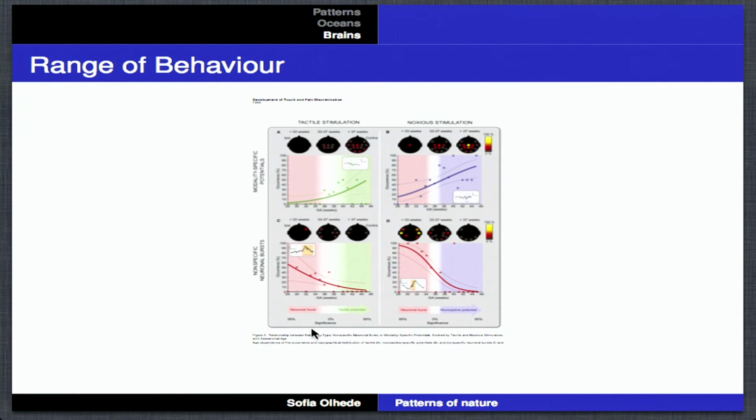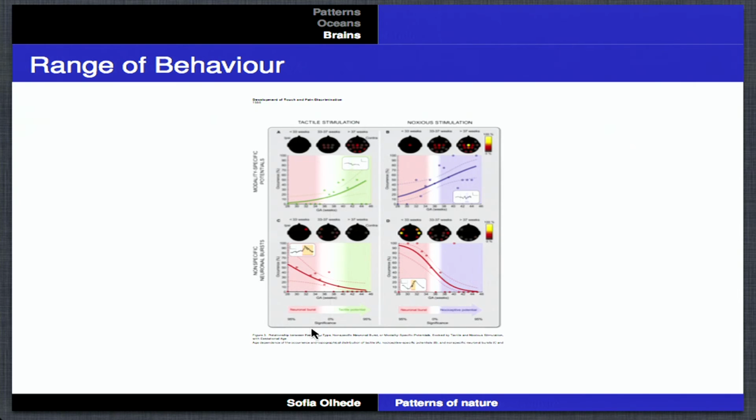Well, what we did was we studied, depending on the type of stimulus. So what you have on the further right there is noxious stimulation. We've got tactile stimulation, which is touch. And then we try to see, is the response changing? Are we seeing more wiggles? Are we seeing more of the smooth curve that we just discussed before?